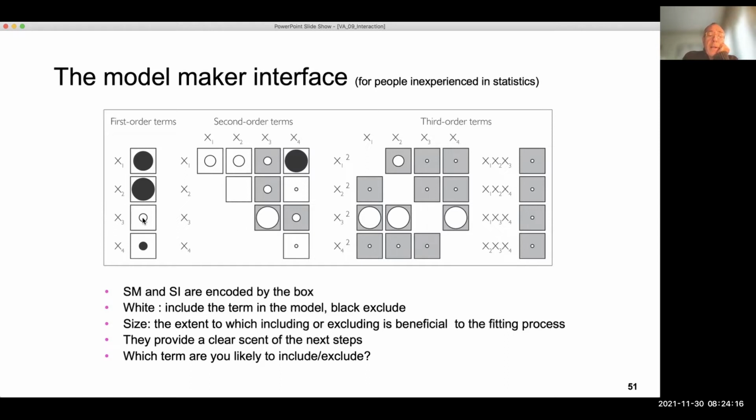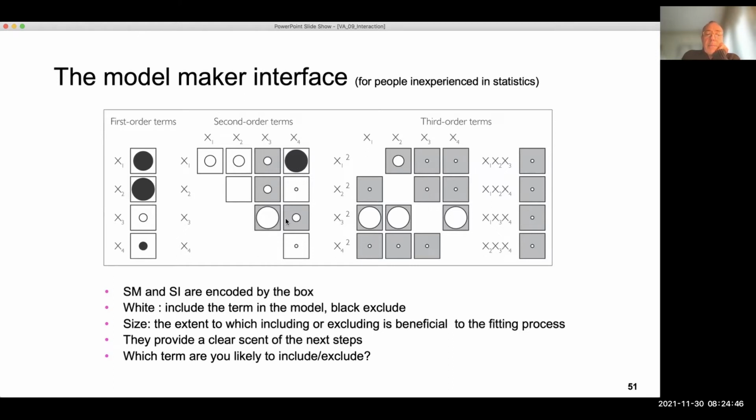If the circle is white, that means that the term is not included. Clicking on it, you are going to include it. The other way around, if the circle is black, it means that the term has been already included, and clicking on it, you are going to exclude it. So that gives you an idea what are the terms of the equation. They are just these three first order plus this one of second order.